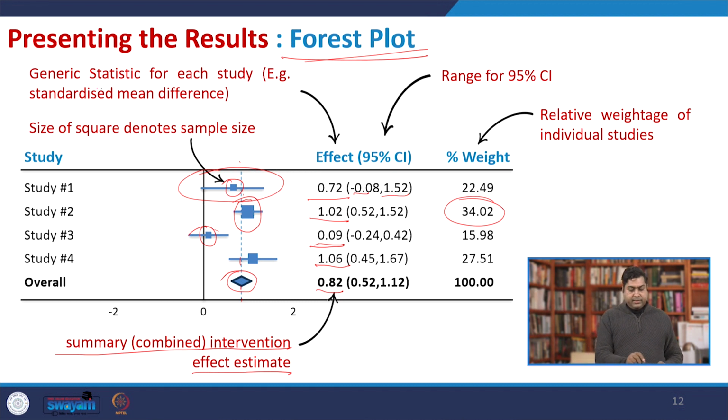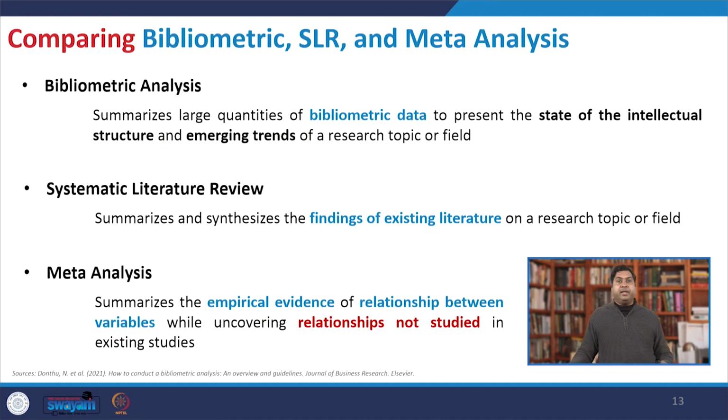So in this case the generic statistic for each study, in this example the standardized mean difference, is calculated. This way we can definitely do a certain sort of meta analysis for the studies which are reporting similar kinds of findings, or who have quantified some relationship between variables.